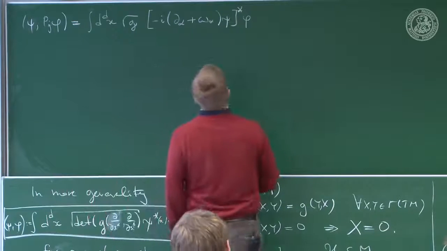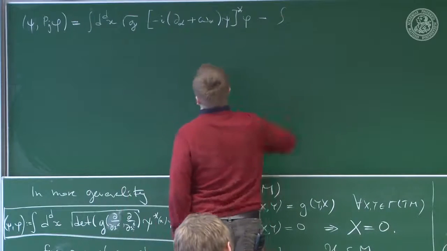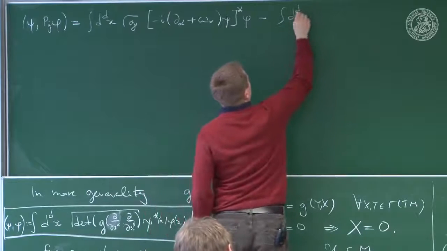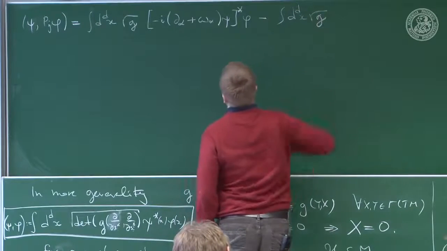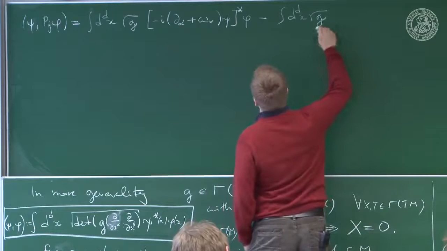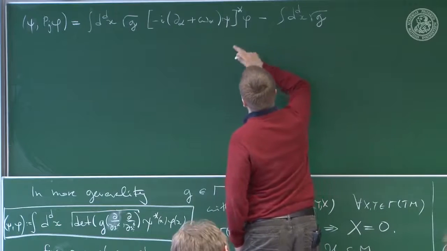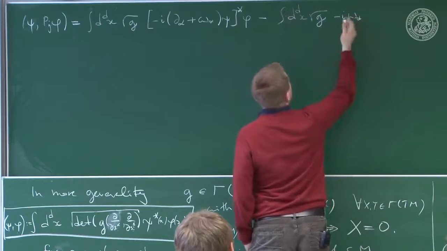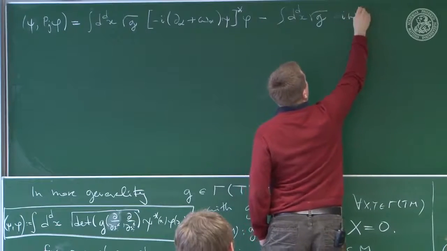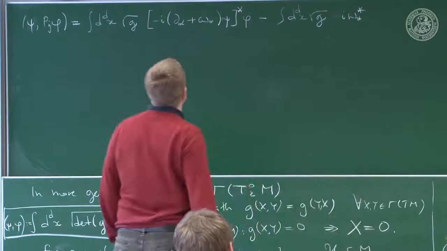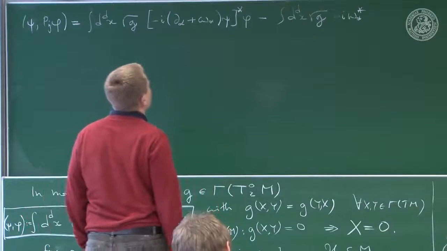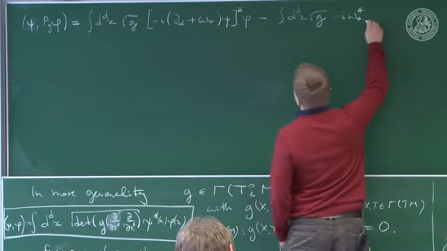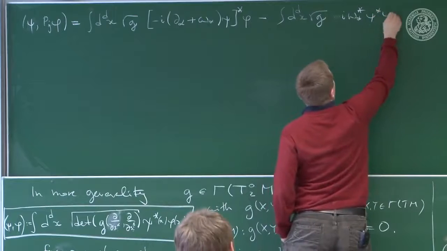We need to compensate for this term, so we need to subtract what we added, d dx square root of the determinant of g, and we added minus I omega alpha, but the whole thing starred, so we added this guy here, psi star phi.